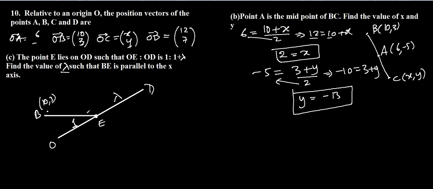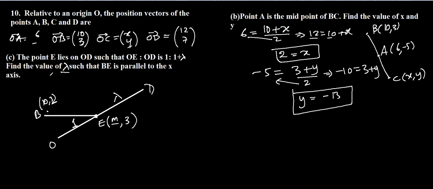Parallel to the x-axis means that the y coordinate will be exactly the same for E. So something comma 3. Parallel lines to the x-axis have the same y coordinate. So let's call it M. Alright, so everything is interpreted.